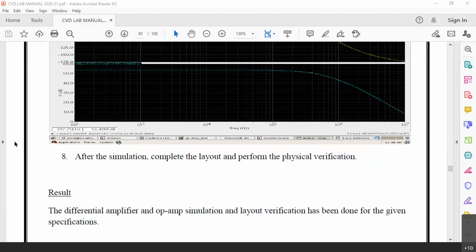There will be a drastic difference there. Whatever gain and bandwidth you got just by simulation, if you perform the same thing after physical verification, definitely there will be a degradation in the gain and the bandwidth response because of the parasitic capacitances. Because during simulation, we did not worry about the parasitic capacitances. All of them come into picture when we complete the layout. That is the idea.